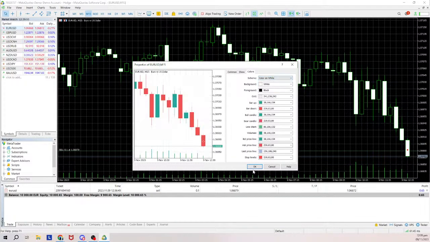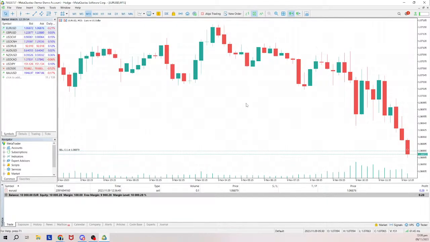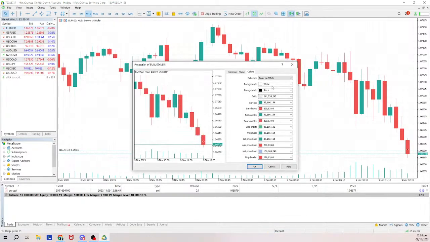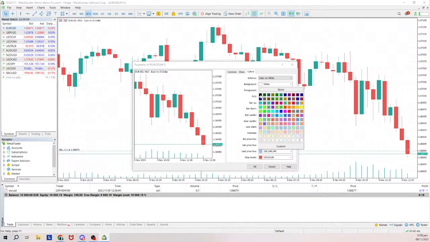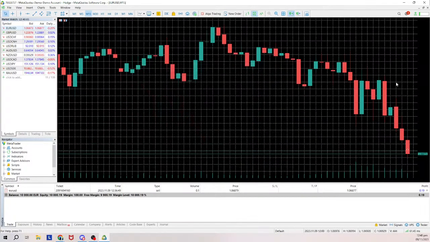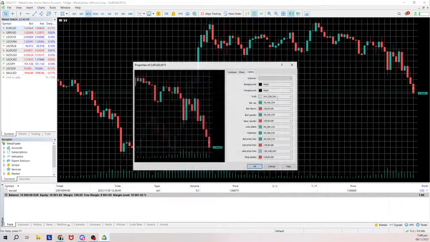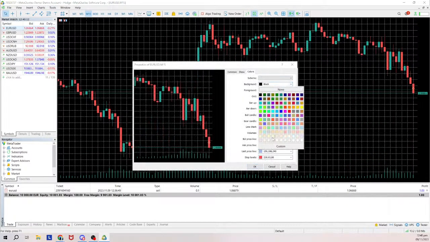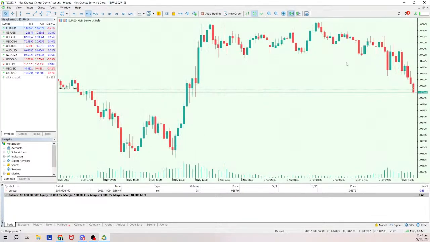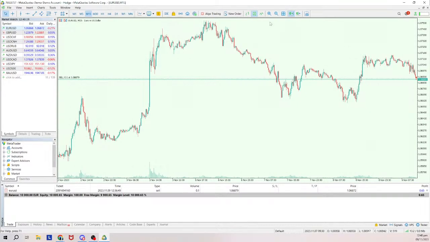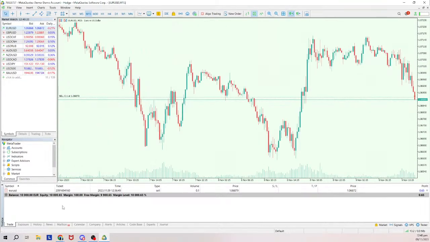This is the one that I usually like to have a look at, just with the black background as such. Okay, you can change it to your liking. There's no problem at all. Okay, this is basically the very brief introduction to the market and how you can get yourself a bit familiar with it.